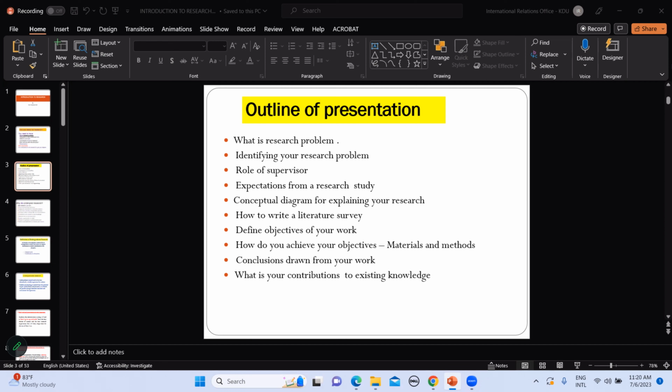And then how to define the objectives of your research work, right? So that you know broadly how to achieve your objectives. To achieve your objectives, you normally have to conduct experiments, or develop new programming. Maybe Arduino, maybe C++, maybe Python, maybe MATLAB, maybe LabVIEW, or sometimes you are developing some experimental gadget with ICT, right?